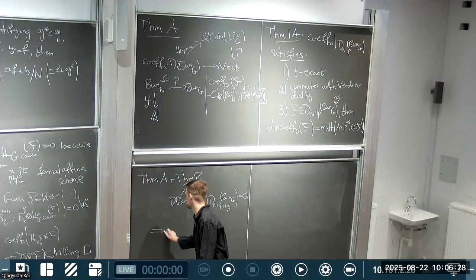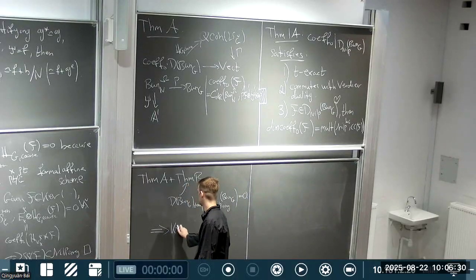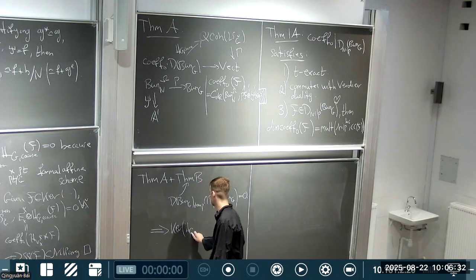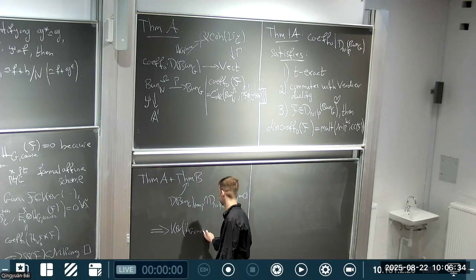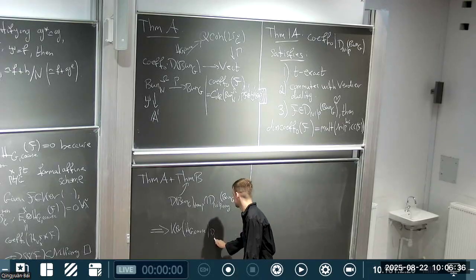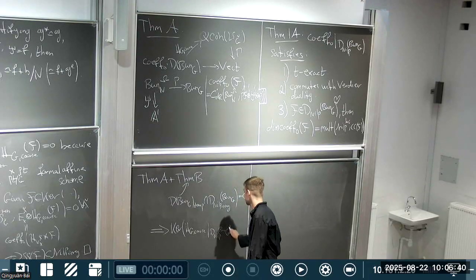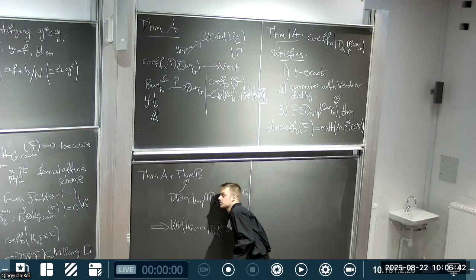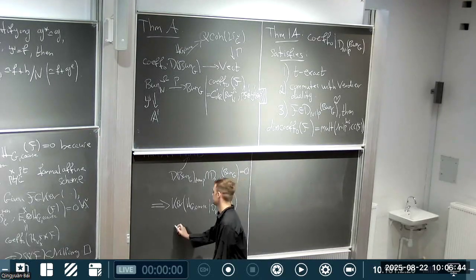So these two things together give you that the kernel of LG coarse when restricted to D nil is exactly the tempered ones.